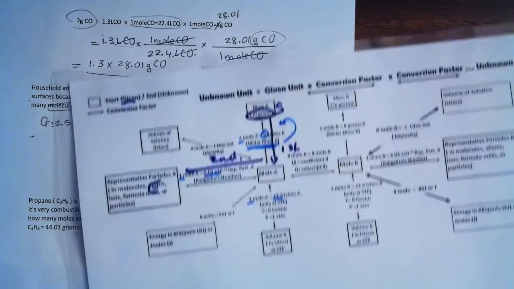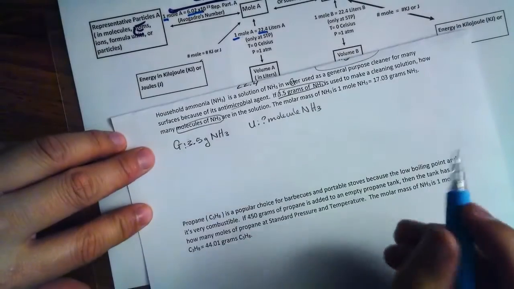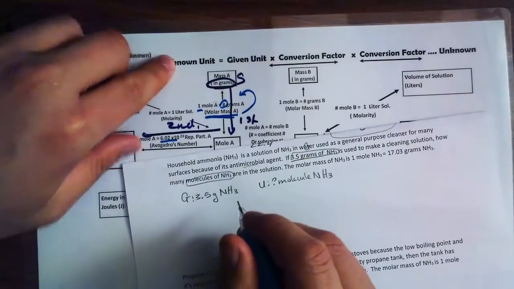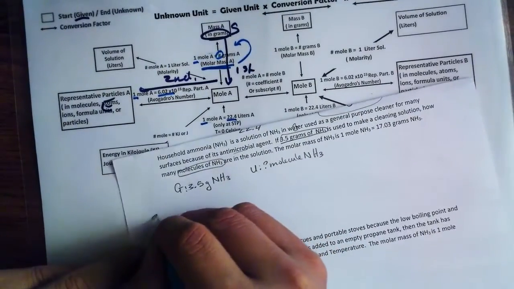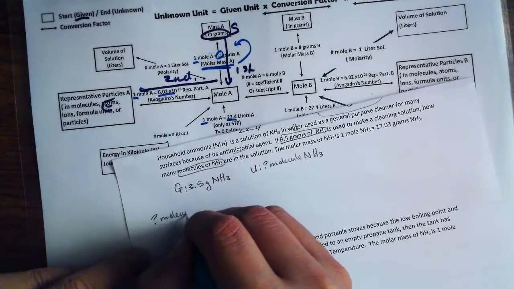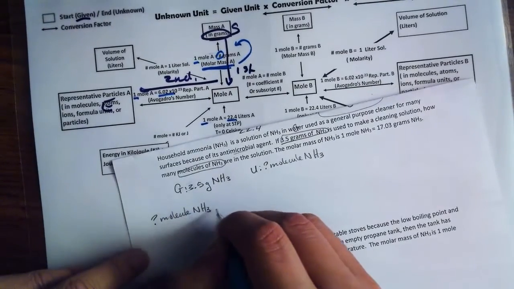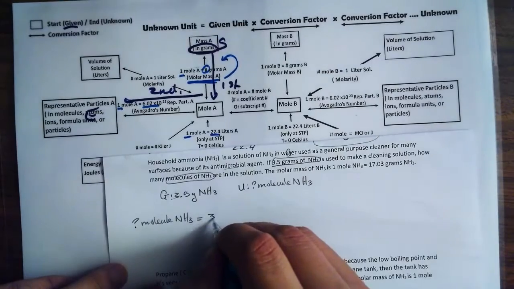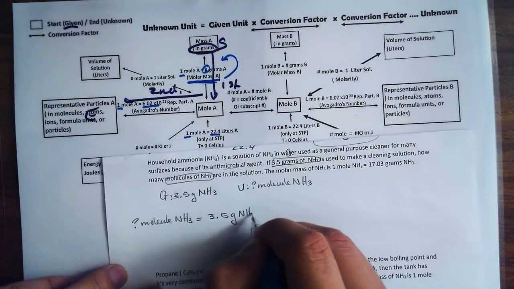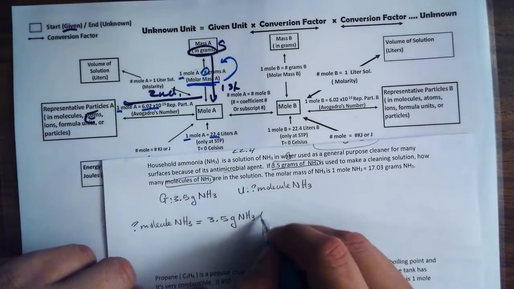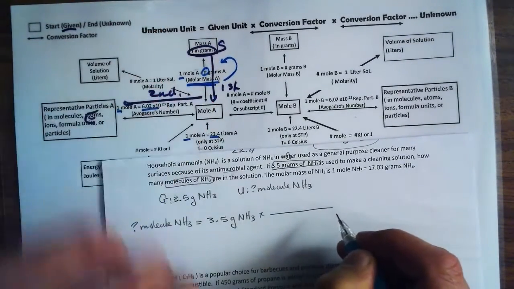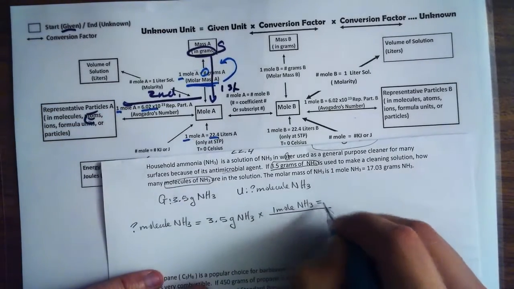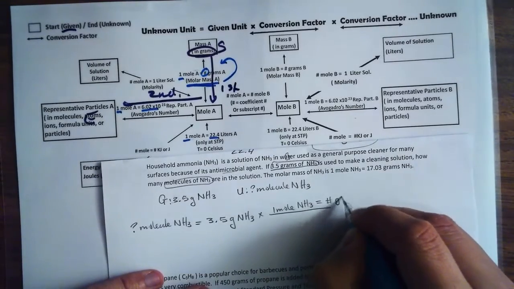So let's create our conversion factors. Before we do that, let's look at the format. We start with the unknown. What are we looking for? Question mark molecules, remember the singular form, of NH3, equal to, starting with our given, 3.5 grams of NH3, times the next conversion factor, going down: 1 mole of NH3 equal to the number of grams of NH3.